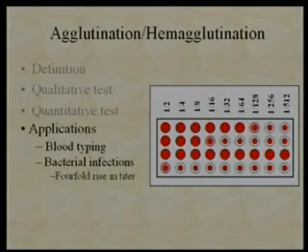There's some subjectivity in the tech that reads this. By the next well, it's going to be perfectly clear that there's no agglutination. So the only way you can be confident that this is a current infection is if you see a 4-fold rise in titer, which is essentially 2 wells, because you're making serial 2-fold dilutions. So you always are looking for at least a 4-fold rise in titer when you send your set of paired samples.